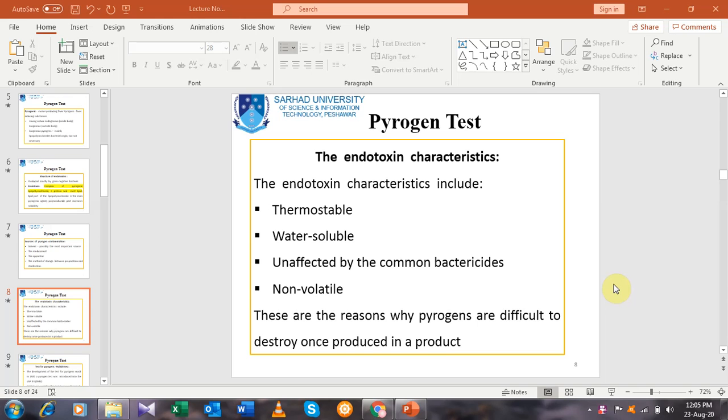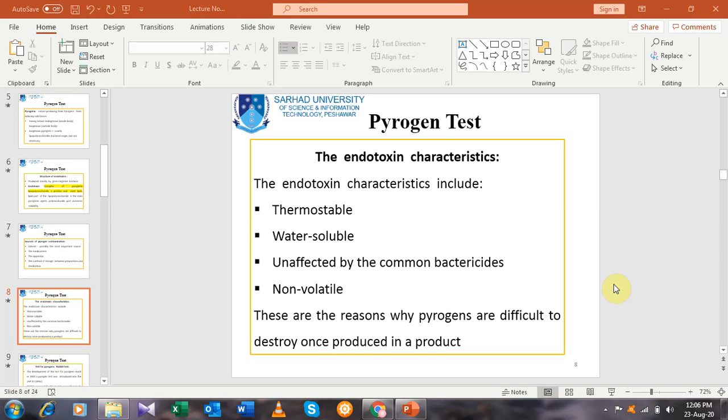And moreover, these are non-volatile. Volatile substances have the property of vaporization, and we can easily evaporate them, but a salient feature of the endotoxin is that it is non-volatile. That's why they are not removed by the evaporation method, or by using high temperature, or by using the solubility parameter, because these are water soluble.